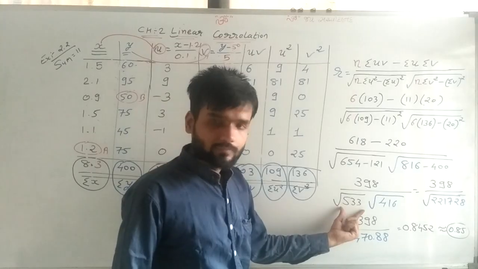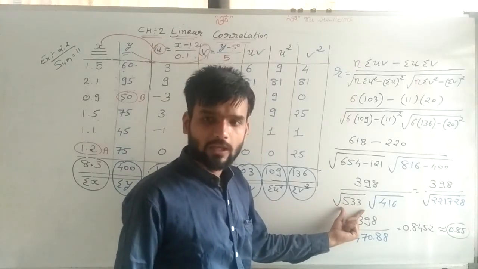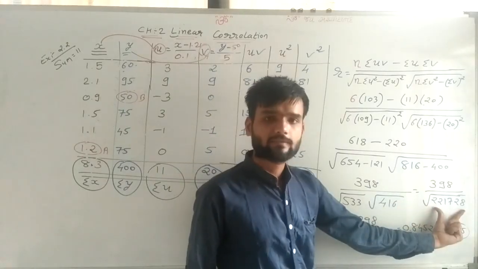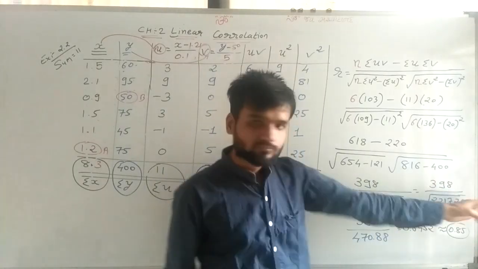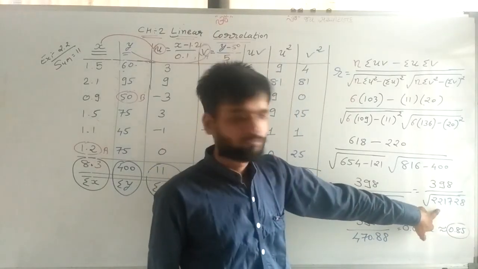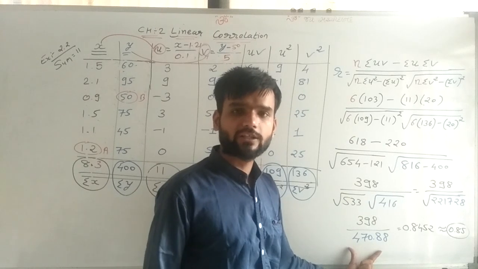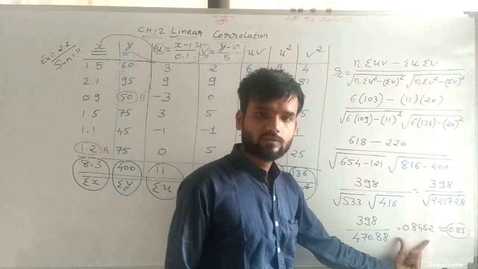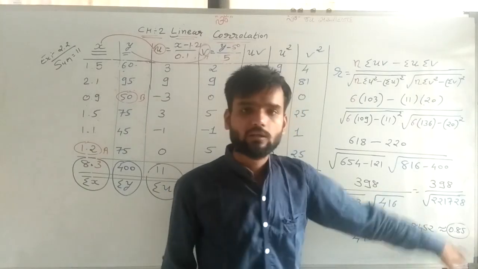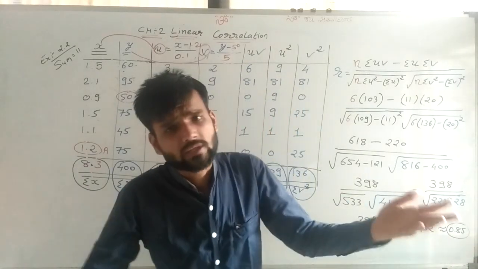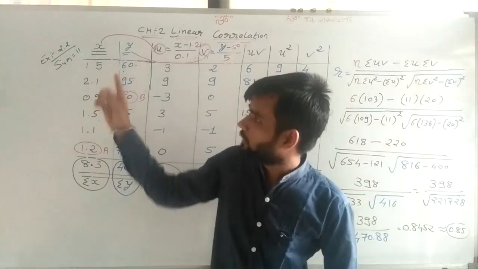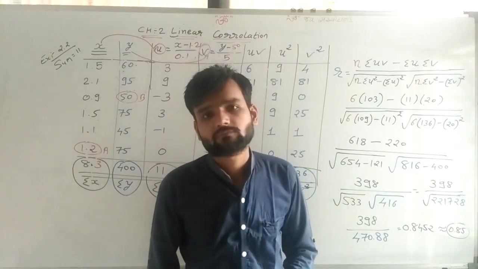First I multiply the two values, 533 into 416, and its answer is this, and it is in root. Then I find the root of this value. It is 470.88. Now dividing, we get 0.8452. Approximately we can convert it to 0.85. That's it. So this is the answer for question number 11.